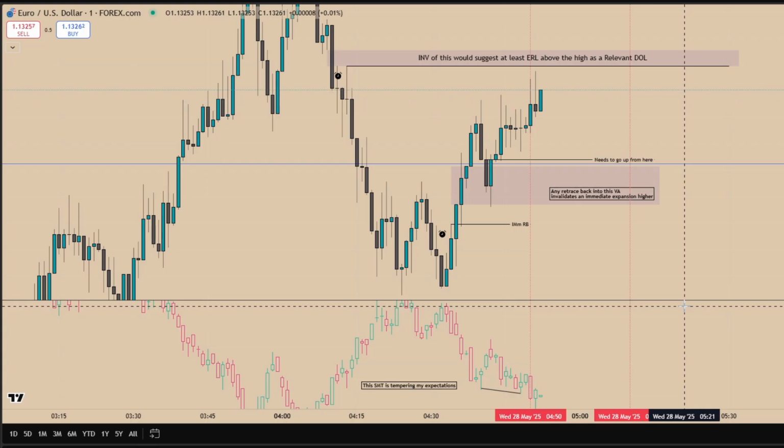So we have a lot of mechanisms for entry, and we have a lot of algorithmic price delivery signatures overlapping. We have an overall higher idea of where price is going. We have a drawn liquidity, but this drawn liquidity is retroactively validated as we begin to see some of these mechanisms for price.